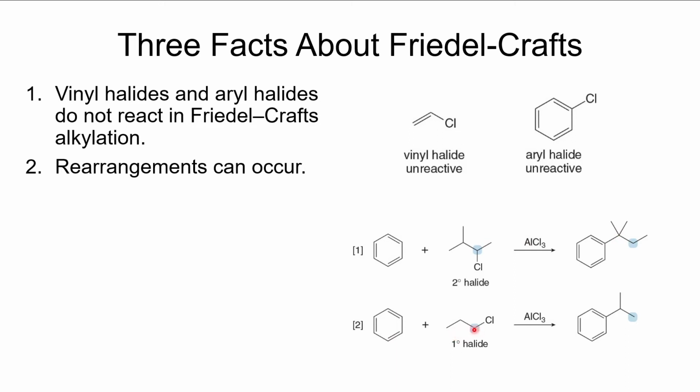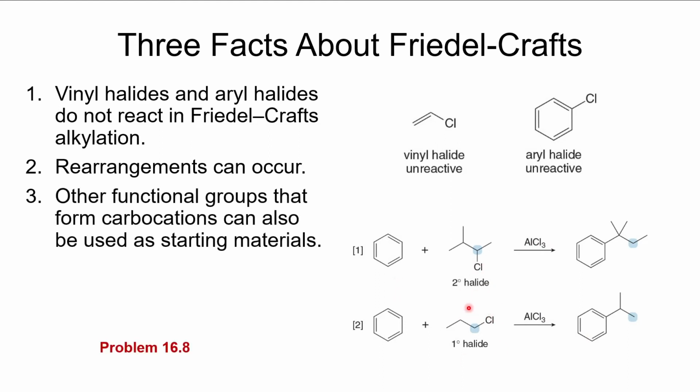You can get a rearrangement here where instead of getting substitution at this carbon, you get substitution at the secondary carbon. Both of these occur via a 1,2 hydride shift, although the mechanisms for these look a little bit different. We're going to talk about those in a few minutes, but for now, we'll just say that they do a 1,2 hydride shift.